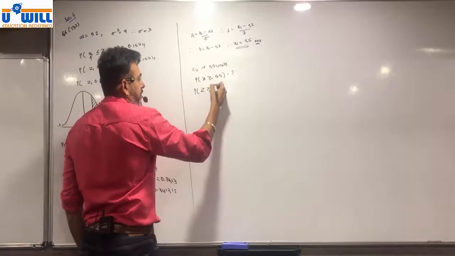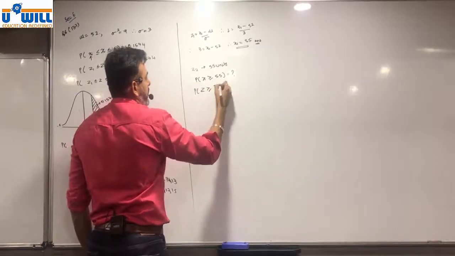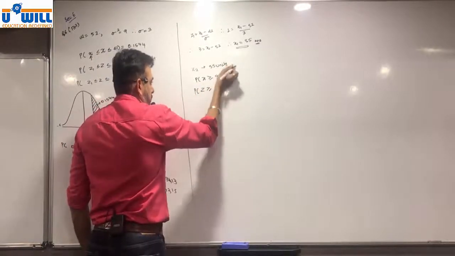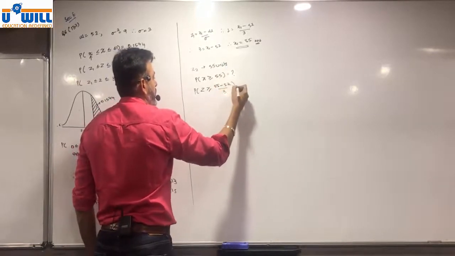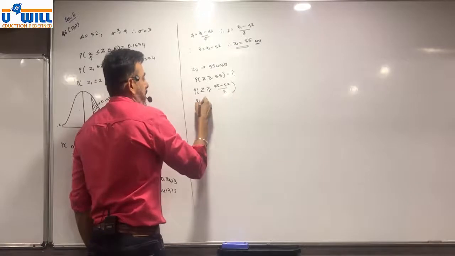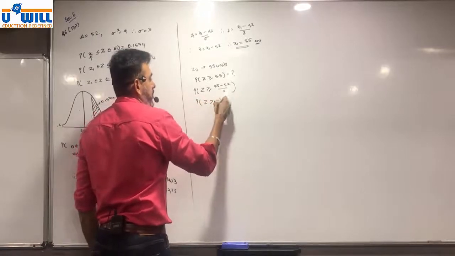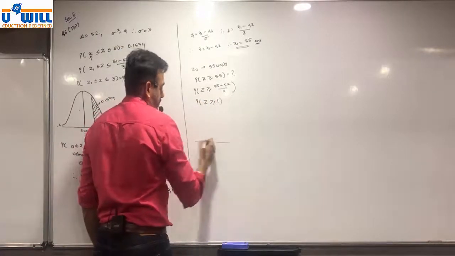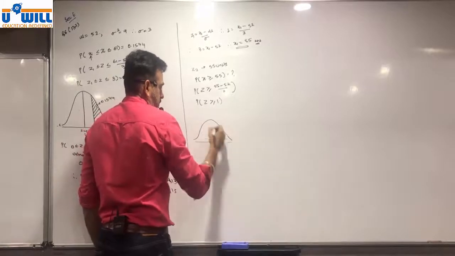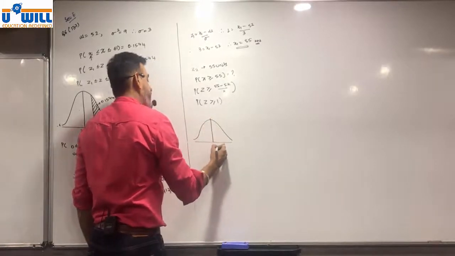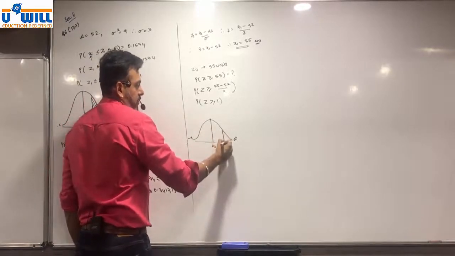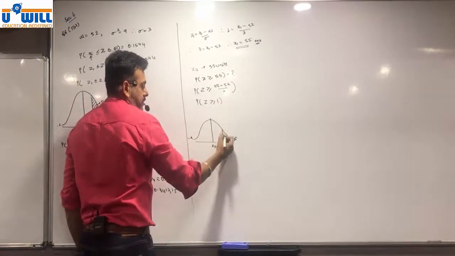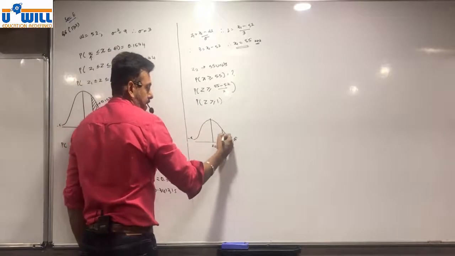Z greater than equal to 55 minus 52 upon 3. So probability of z greater than equal to 1. We draw a graph. Z is equal to 0, minus infinity, infinity, positive 1, greater, which side shading? Right hand side.